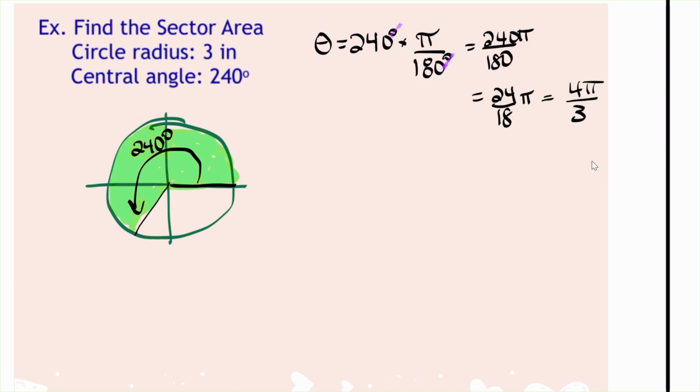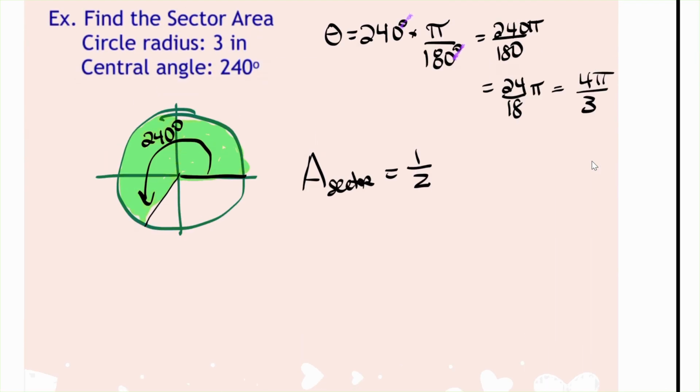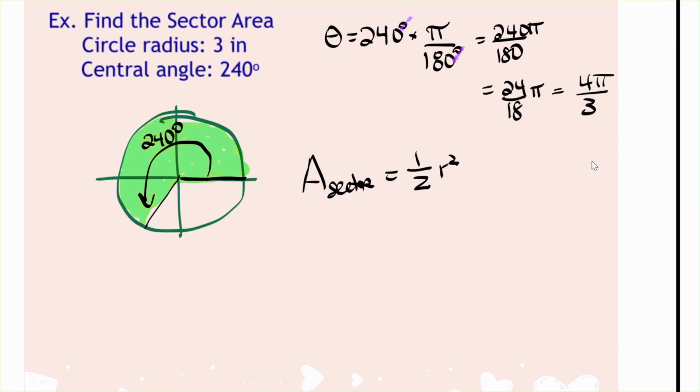And so my formula, the area of a sector, is 1/2 r squared theta. So r is 3. Theta is 4 pi over 3. So one of those 3's can cancel.